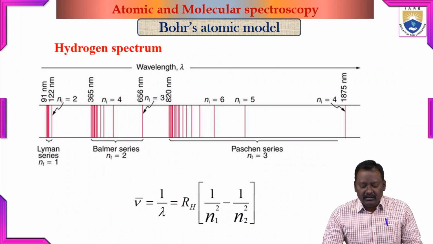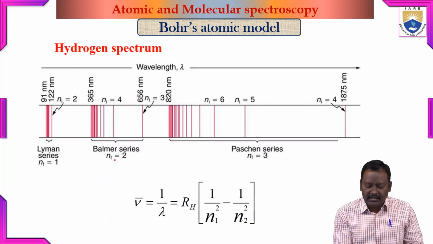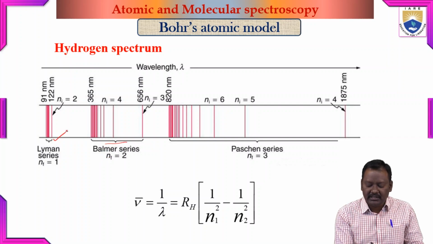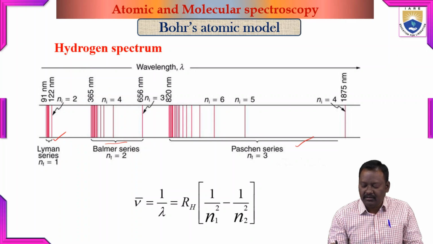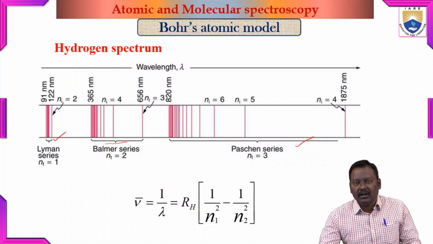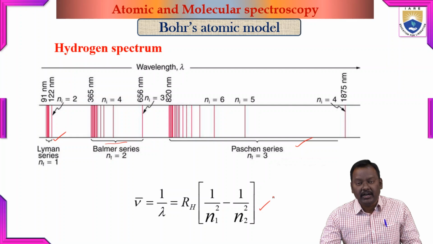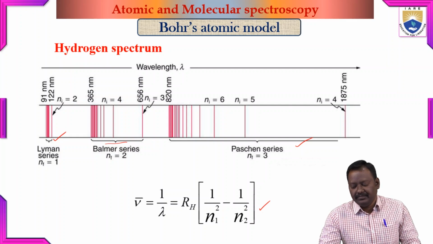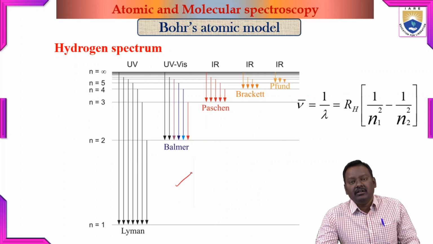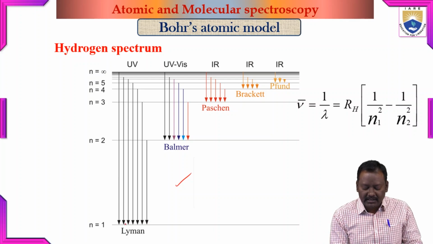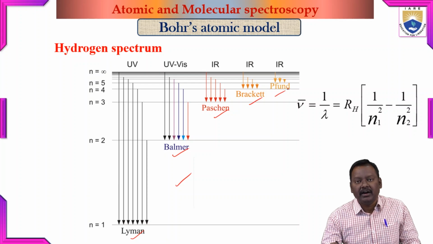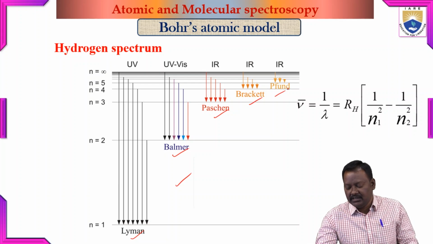These are the lines of the Balmer series and Lyman series, and these are the lines of the Paschen series. All follow the Rydberg formula. This diagram also shows the different lines in the Lyman, Balmer, Paschen, Brackett, and Pfund series.